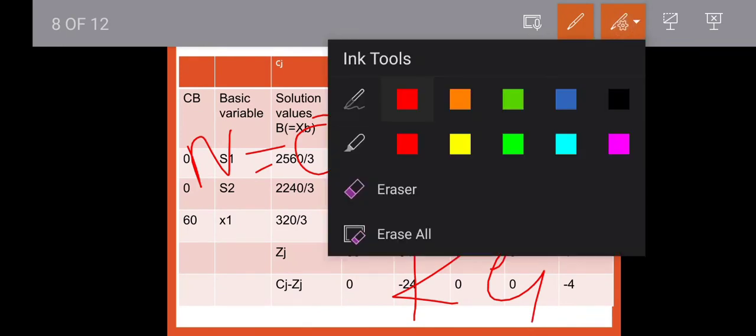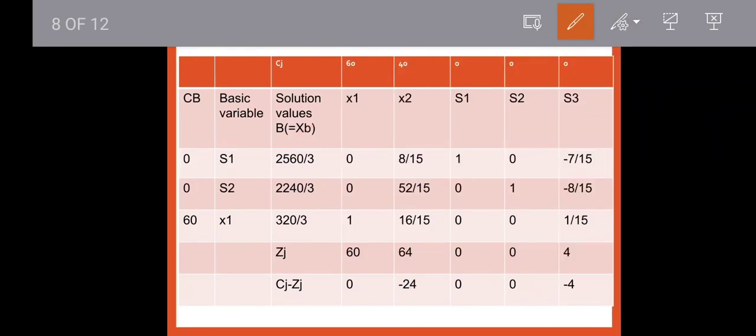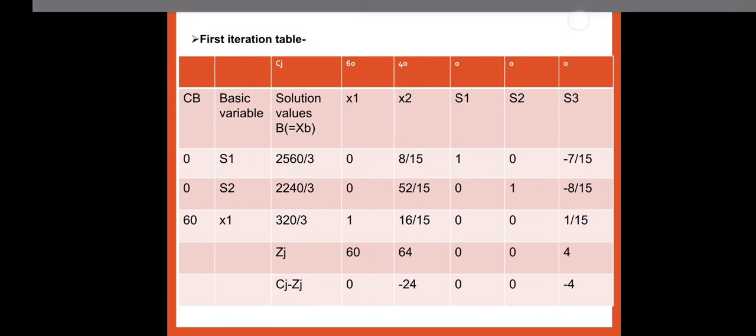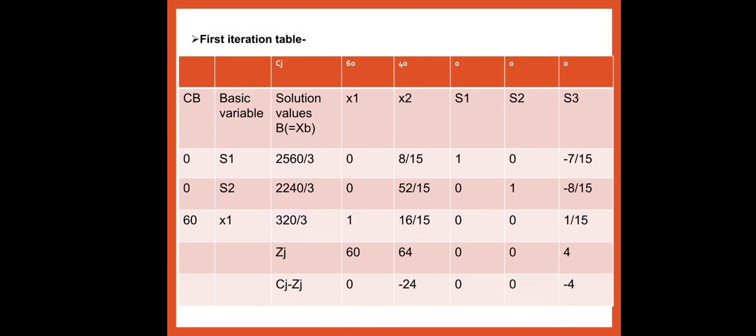With the help of this formula, after finding the new values for S1, we get 0, 8 divided by 15, 1, 0, and 7 minus 7 divided by 15. Then in the same way we do S2: we get 0, 52 divided by 15, 0, 1, and minus 8 divided by 15.